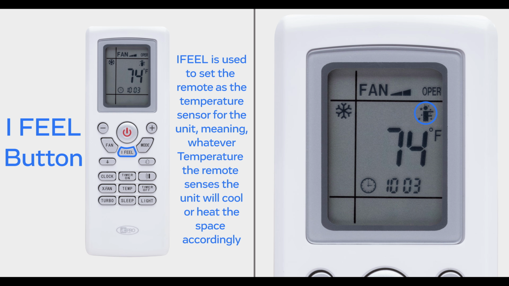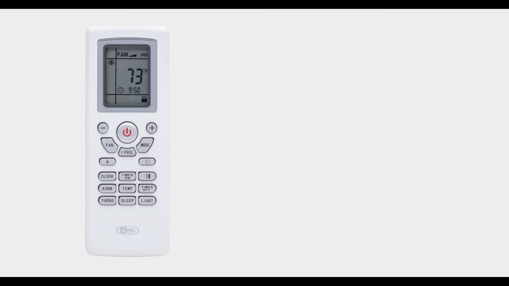This varies by remote, so please refer to your user manual on which buttons activate the iFill function if you do not have an iFill button. iFill is used to set the remote as the temperature sensor for the unit, meaning whatever temperature the remote senses, the unit will cool or heat the space accordingly.